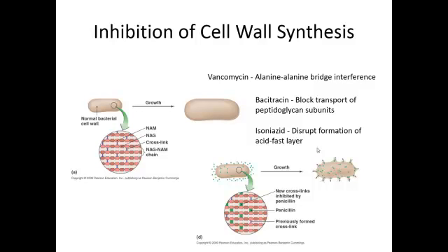So if you disrupt the acid-fast layer, the cells are more easily phagocytized by your immune system. Unfortunately, because acid-fast bacteria grow so slowly, you have to be on isoniazid for between 6 months to a year, and that becomes a problem for a lot of patients.